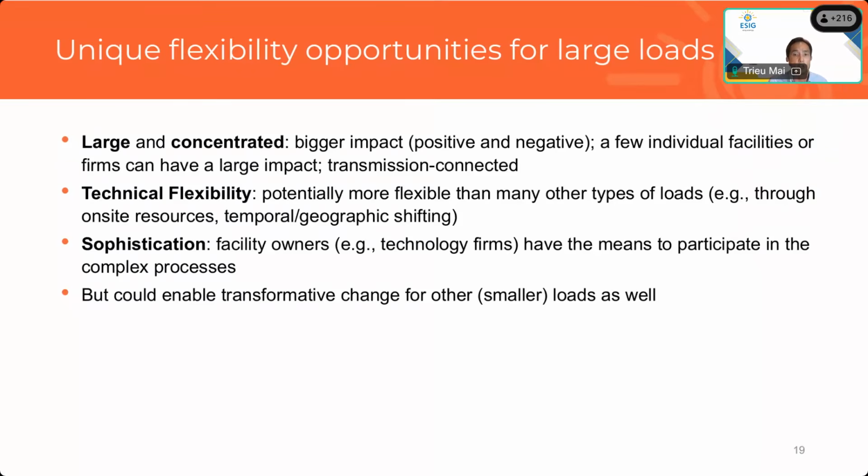The third bullet here is around the sophistication of some of these facility owners and operators, which really enables them to perhaps more easily participate in some of these complex processes and agreements with utilities and others. Nonetheless, our perspective here is that a lot of these issues, if we can overcome them, may be beneficial to transform demand side flexibility for all loads and not just large loads. So that's something to look out for.